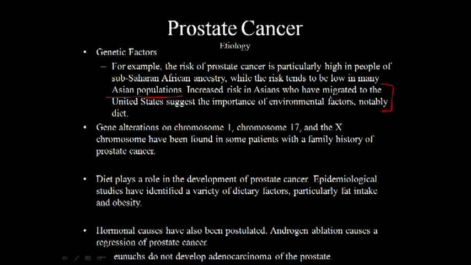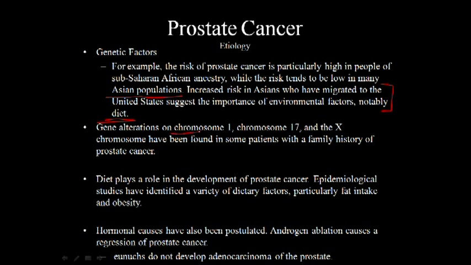People who are in Asia typically have a lower risk of prostate cancer, whereas Asian people who come into the United States typically have a higher risk. And this is typically assumed to be because of diet.